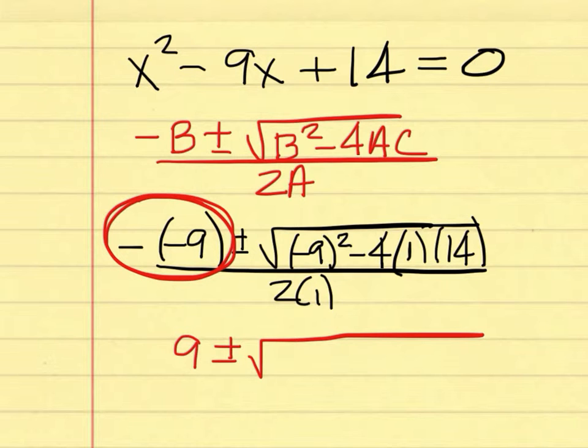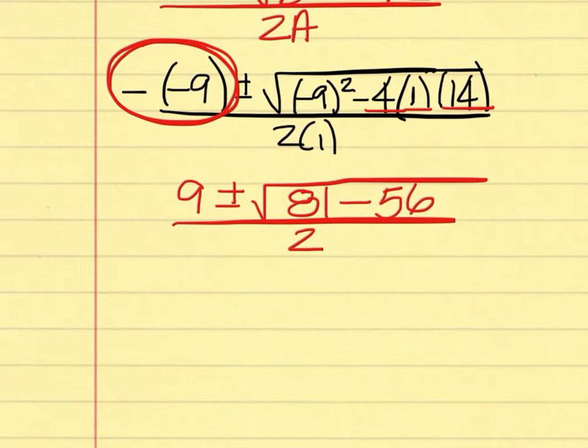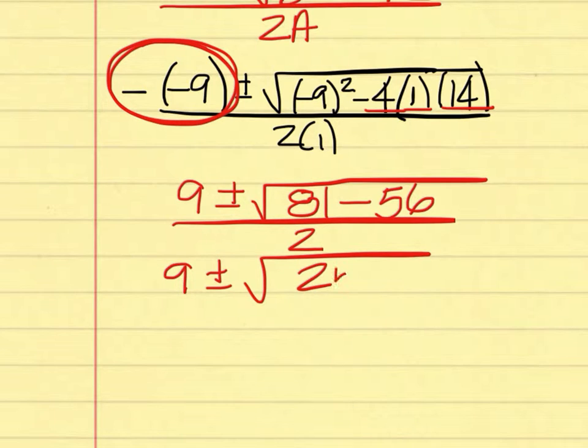It would be 81. Okay, and from before we should know that 4 times 1 times 14 is 56. And this is all over 2. So if we simplify under the square root, we've already done this, 81 minus 56, that's 25.